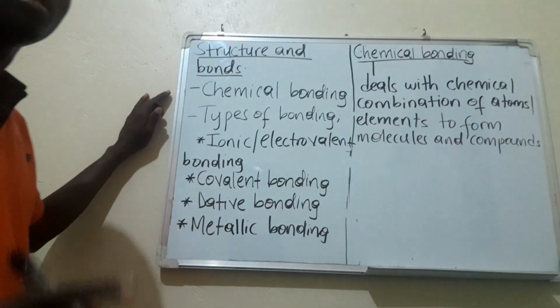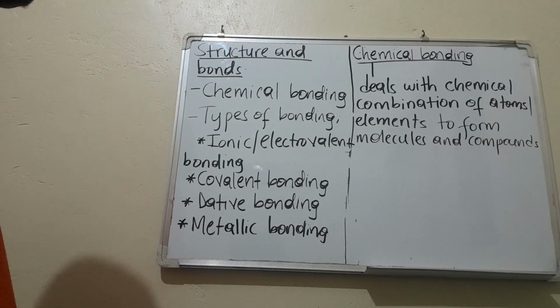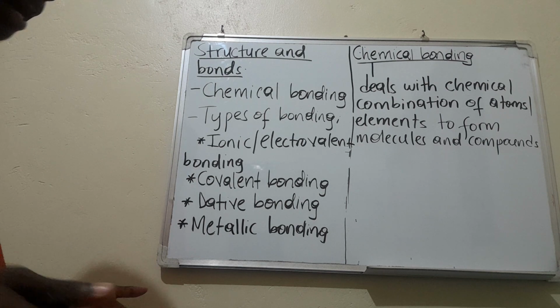In simple terms, that is the interpretation of chemical bonding. It deals with combination of atoms or elements to form molecules and compounds.